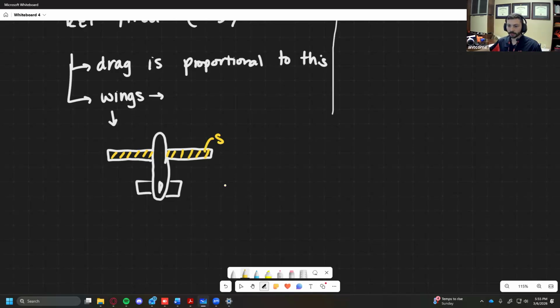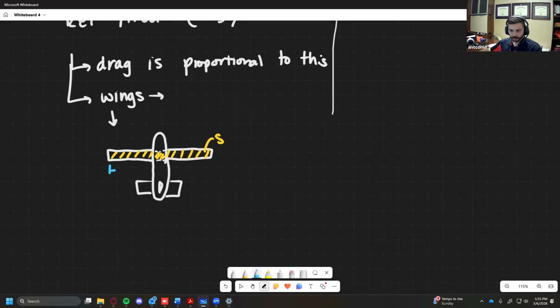So this is what we call S. In a very simple wing, the nice thing is it's really easy to understand what this area is. And I do want to add a little note here. We also include the area that's within the fuselage itself, which I know doesn't really make too much sense. That's just how we are as aerospace people.